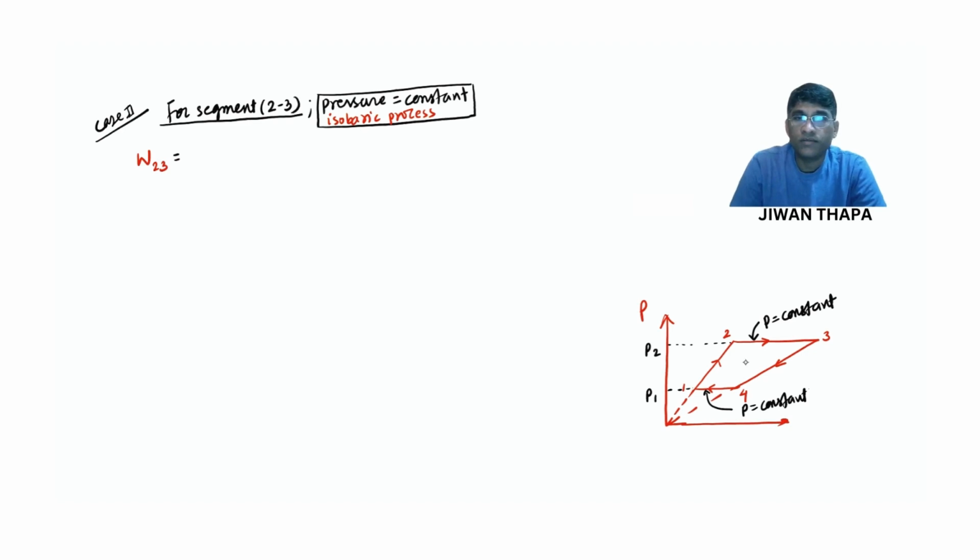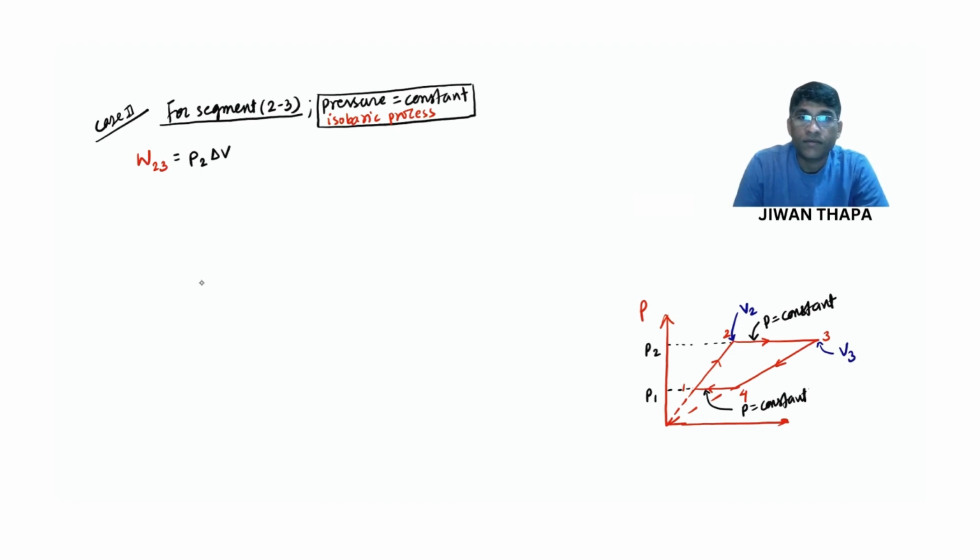So the work done W23 equals pressure, which is P2, times the change in volume. Let V2 be the volume for state 2, and V3 be the volume for state 3.